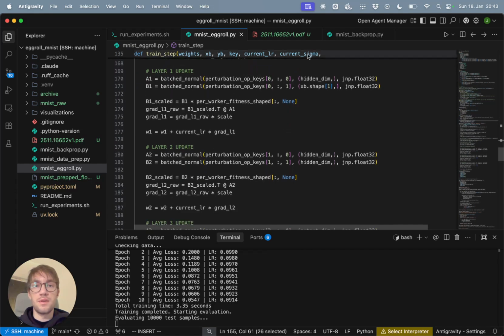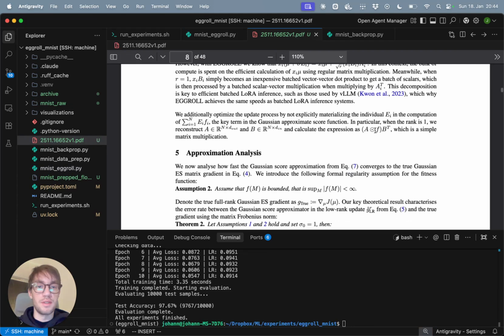For the update, I'm also using a trick the authors did, because for rank 1 it's nice to put the perturbation vectors in two matrices over the population. Then for the update we can weight the vectors in A by their respective fitness scores and do a big matrix multiply over the whole population.